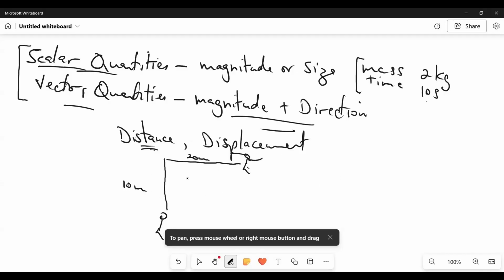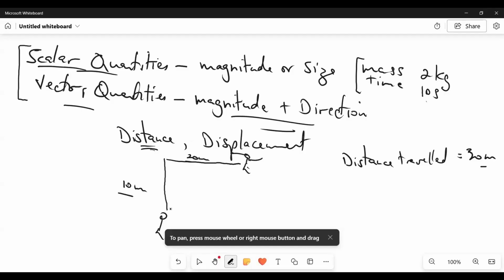The distance that you have traveled is 10 meters and the 20, so 30. It's as though you added the two lengths, right? So your distance traveled is 30 meters.